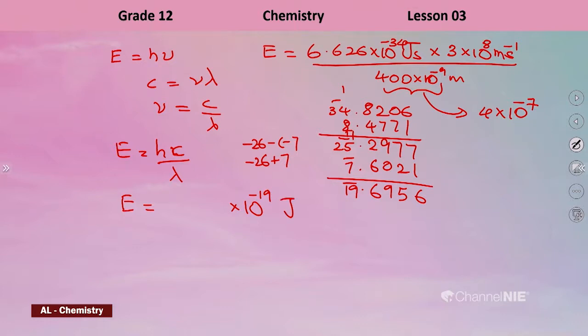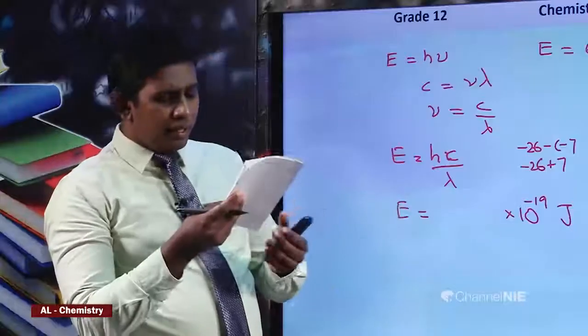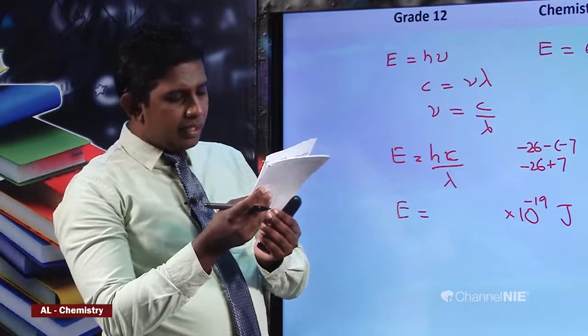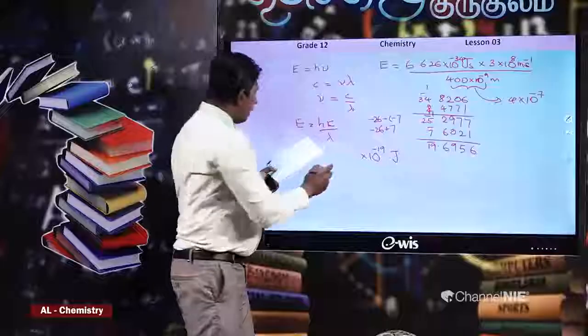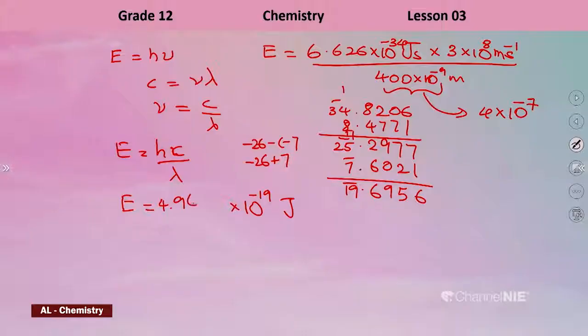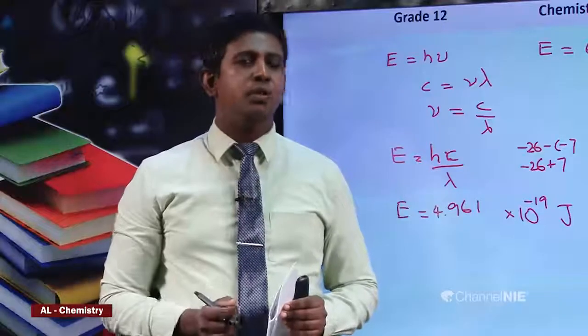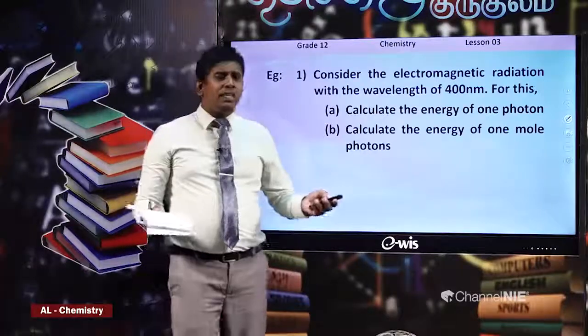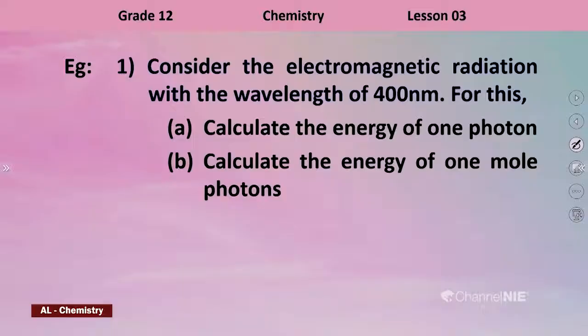So for 6956, the antilog of that you could find there as 6955, you have 49, 6th, then you lack 1, in the first column you find 1. This is the answer standing for the energy of one photon. Then students, when we go back to the question, it further says calculate the energy of 1 mole.